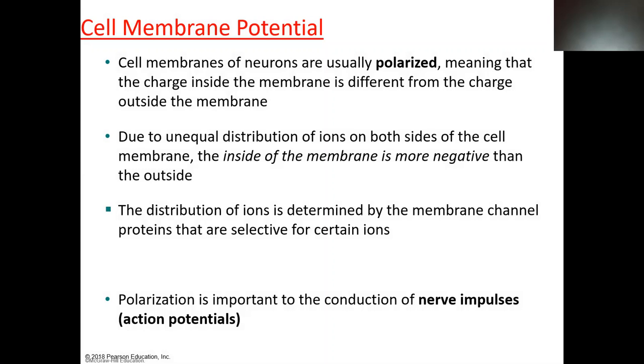These are all inside of the cell, the three P's: proteins, phosphate, potassium. I is for internal, these are inside the cell. And N is for the charge inside the cell being negative. So three P's internally make this a negative charge.